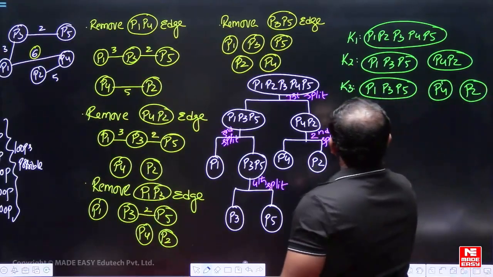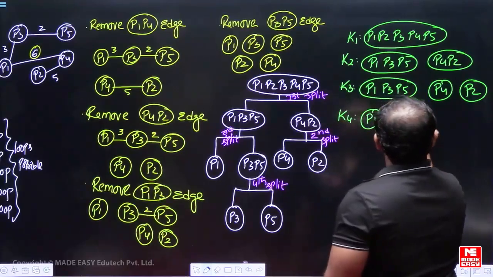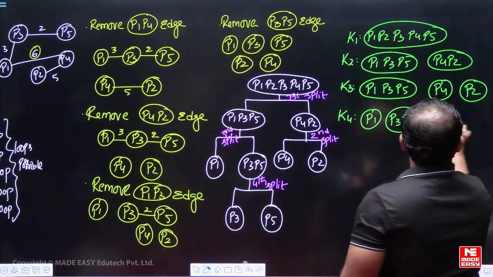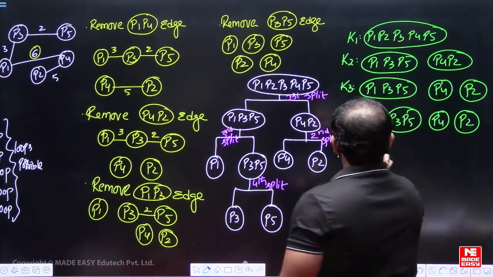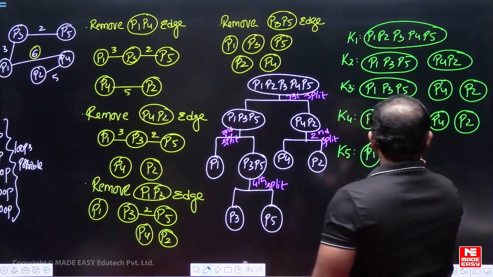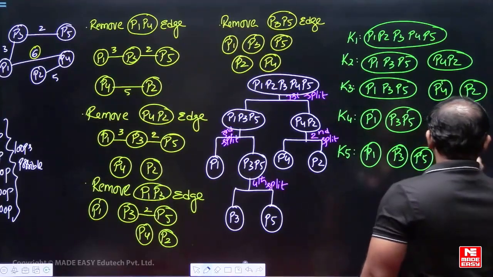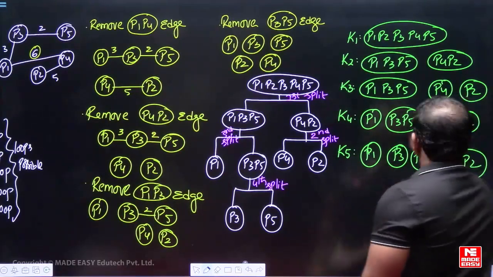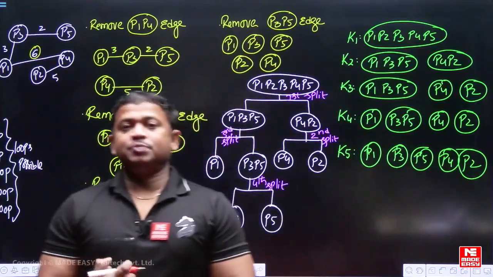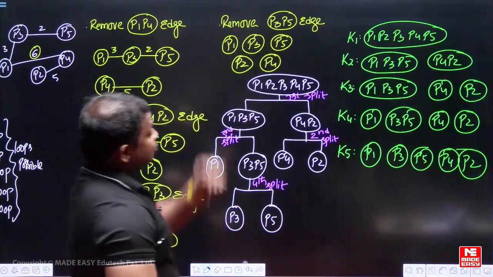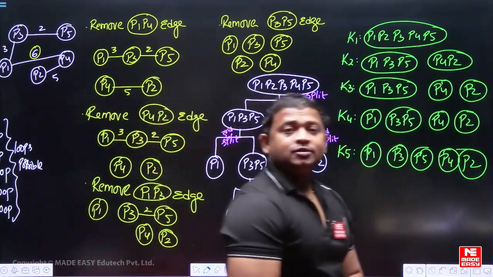Next one, P1, P3, P5, P4, P2. Then the next one, P1, P3, P5, P4, P2. We get the individual data points clusters. So stop the process. So this is the top to bottom clustering. Hope you understand, right? Copy it.